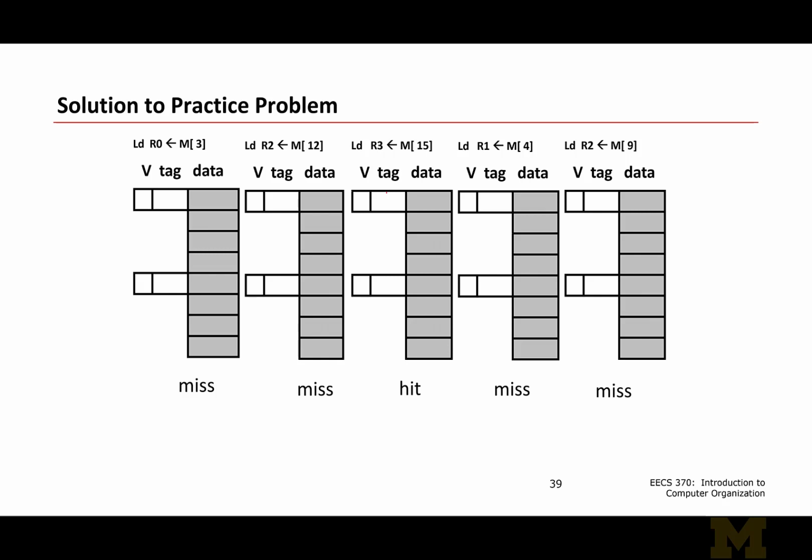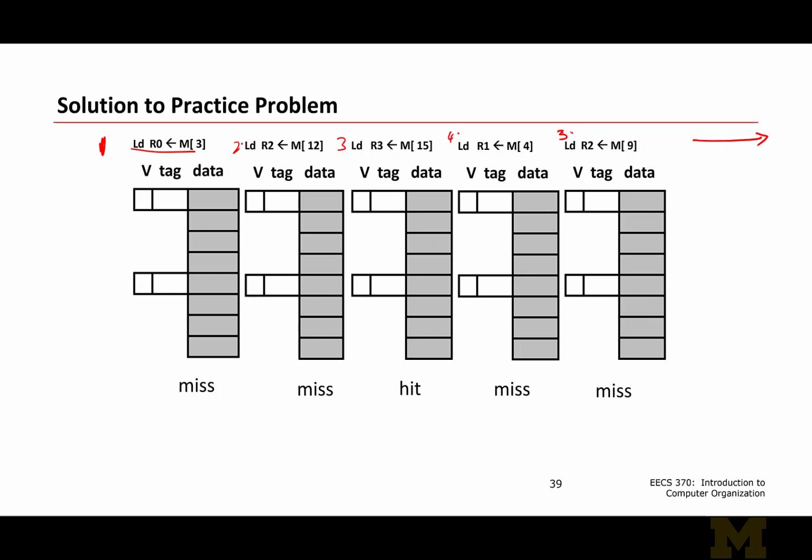And the problem asks you to simulate the cache for these load instructions. So the load instructions are given in this direction. So I'm going to first execute this load instruction, and then this, and then this, and this one will be the 4th one, this one will be the 5th one.